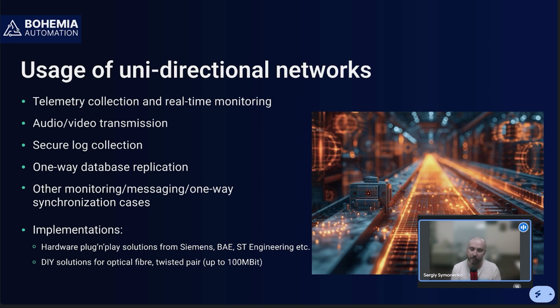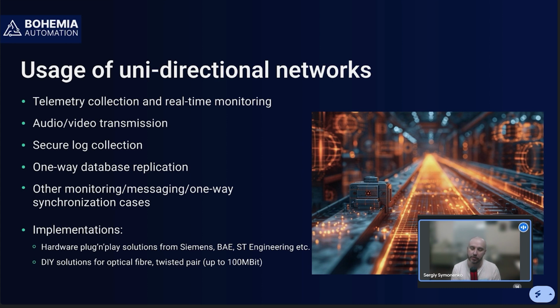Let's review some implementations. You can go with a hardware solution from big vendors like Siemens, Bayer, or ST Engineering. There are a lot of them, and they usually provide you with proxies and techniques for proxying normal network protocols.